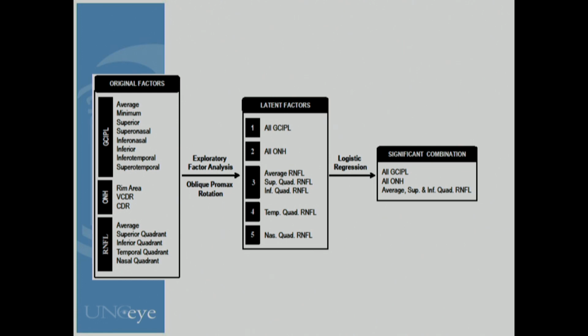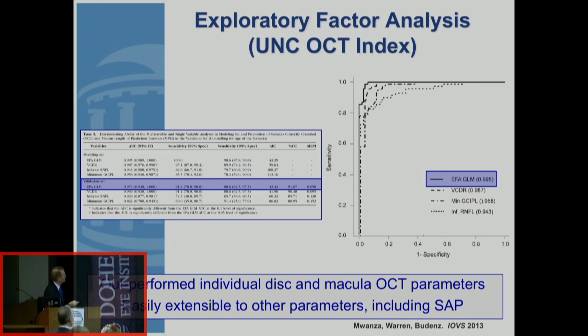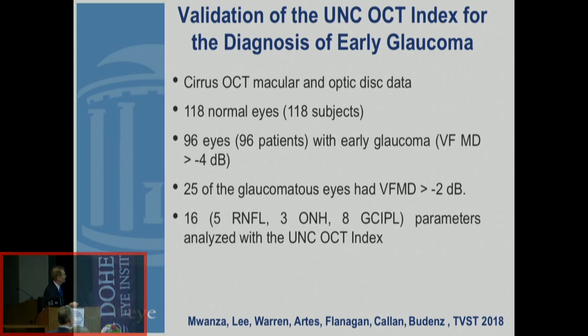that OCT represents glaucoma. And so having done that, we discovered that the combinatorial analysis has a much better discriminating ability between normals and people with early glaucoma than any of the individual factors that had been found to be highly discriminating on their own individually.